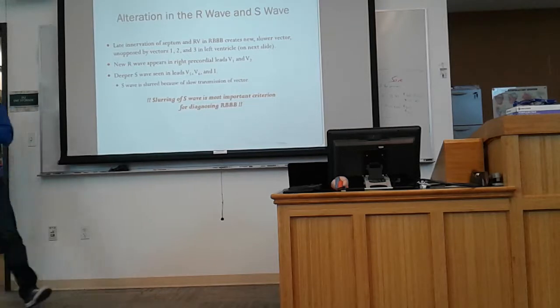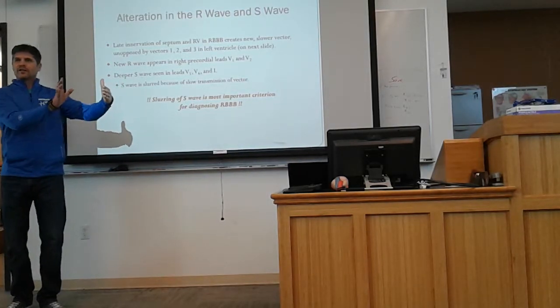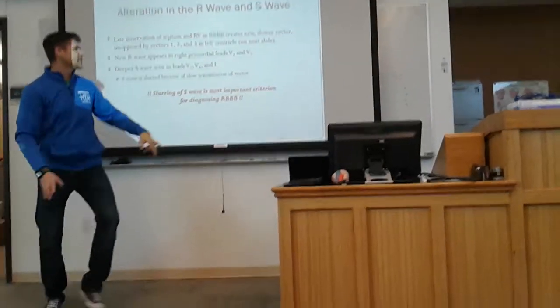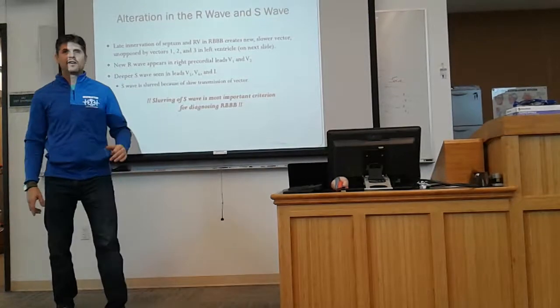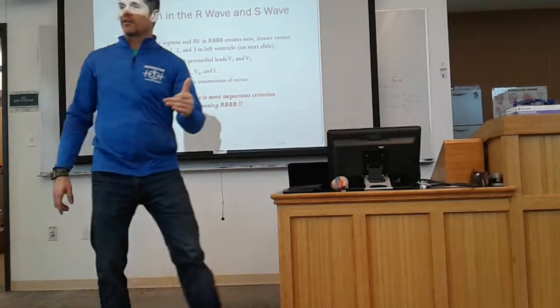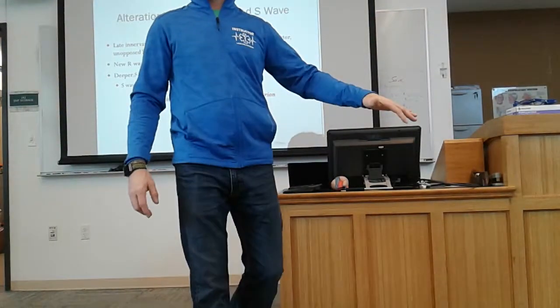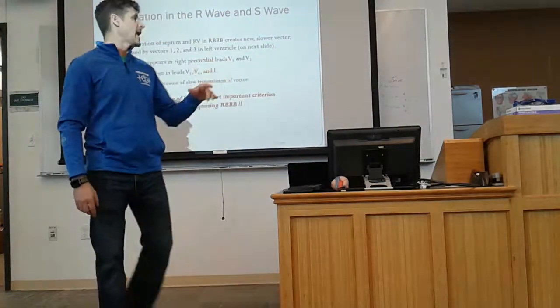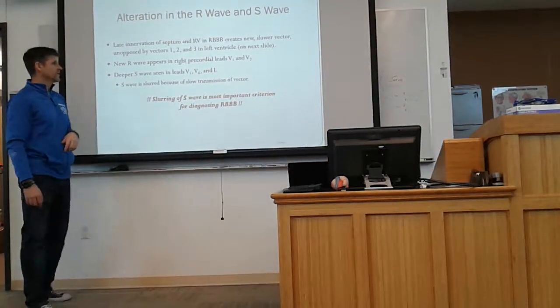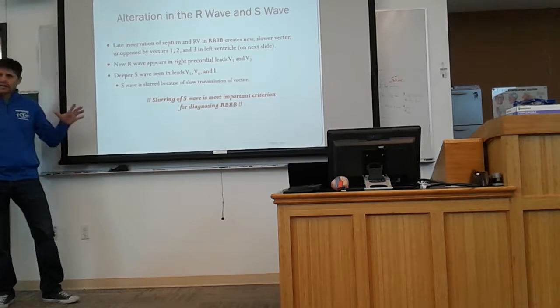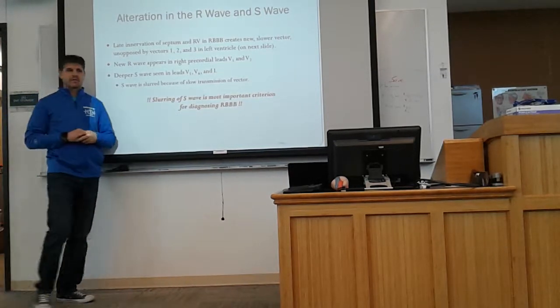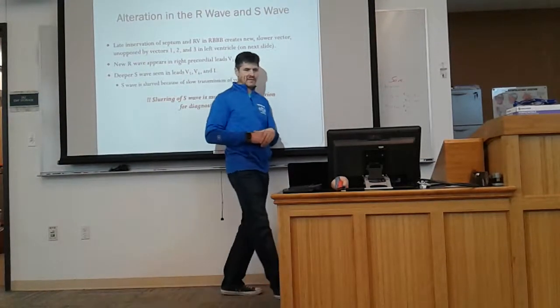Also because it's depolarizing later, leads 1 and V6 and sometimes a little bit of V5 show a clear S wave, and that S wave is wider. Those are the key areas that we're looking at.